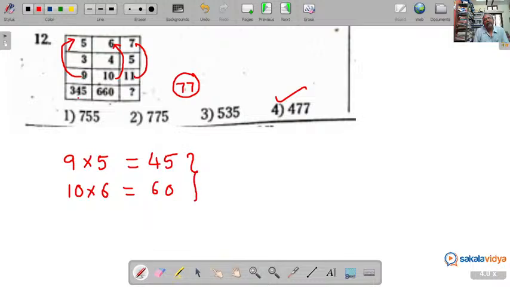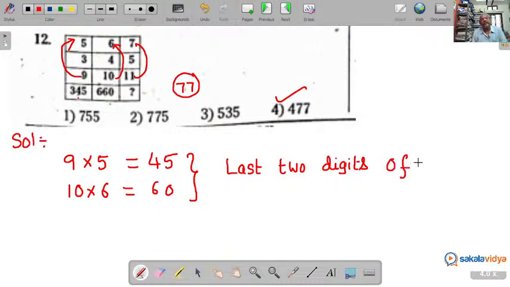These two are the last two digits of 345 and 660. You can observe 45 and 60.